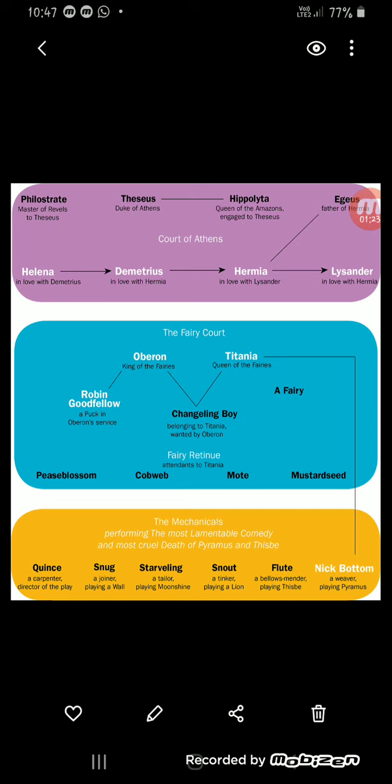Okay, so in this comedy, there are multiple couples. There are four prominent couples and it is their story. Now the first couple is Theseus and Hippolyta. Theseus is Duke of Athens and Hippolyta is his fiancée, and they are going to get married very shortly.